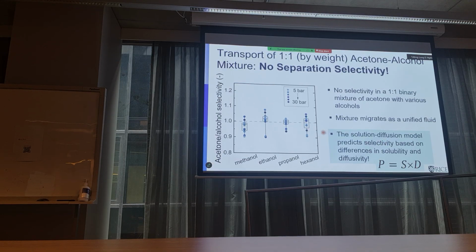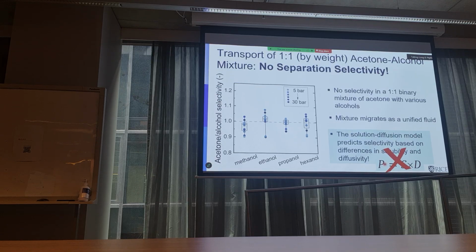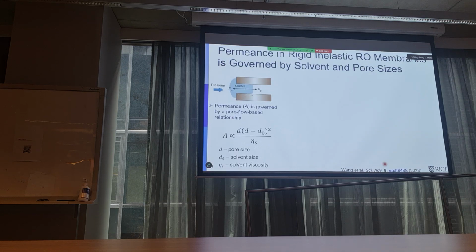And each of them will have different solubility and diffusivity, but we did not see any selectivity, which means they flow as a viscous flow, as a unified fluid, and this whole concept of solubility times diffusivity doesn't work here. So this is another very strong experimental evidence.